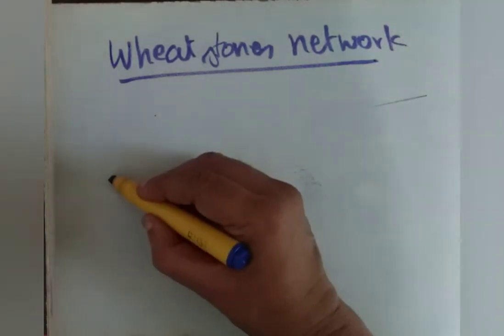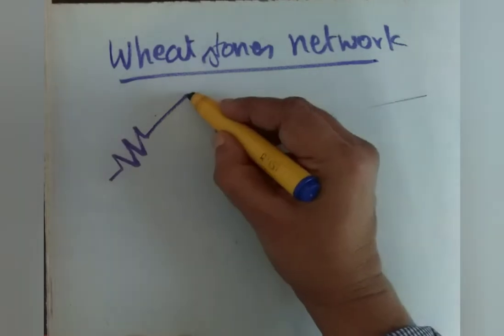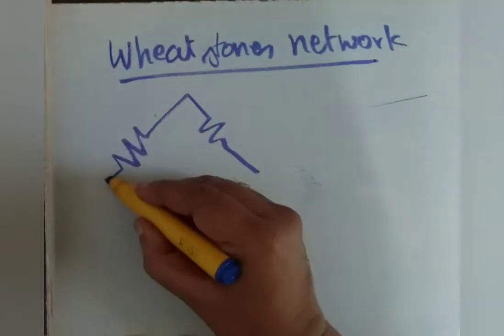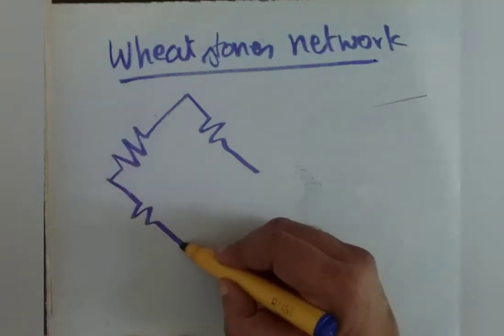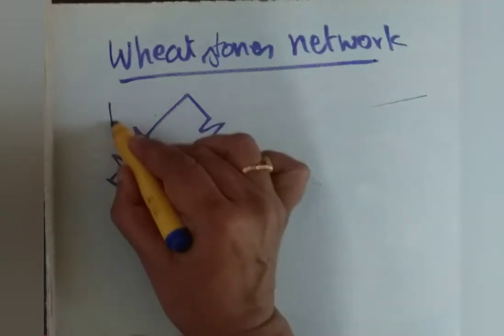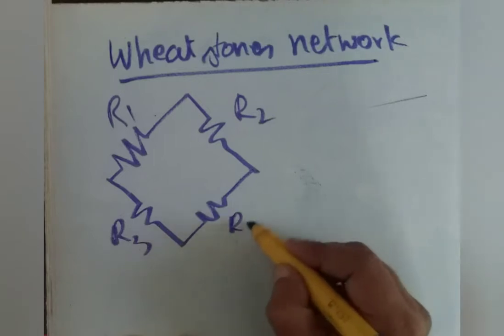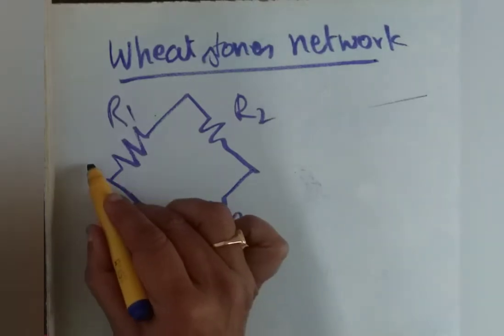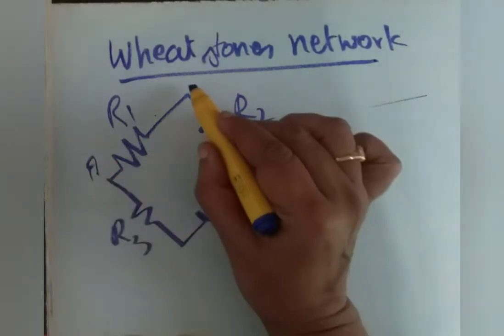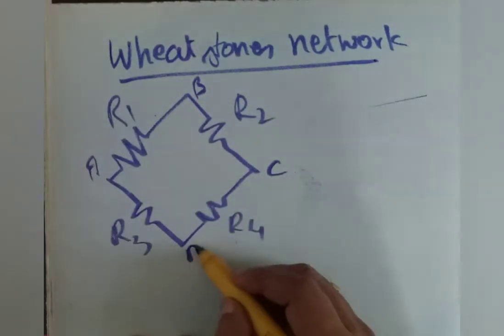I write the circuit first. Say this is one resistance, this is another resistance, this is another resistance, this is one. What we call R1, R2, R3, R4, and we call the corners A, B, C, D.